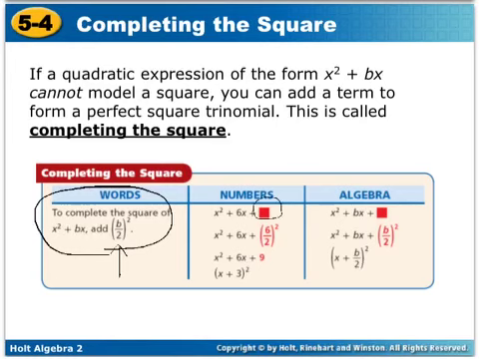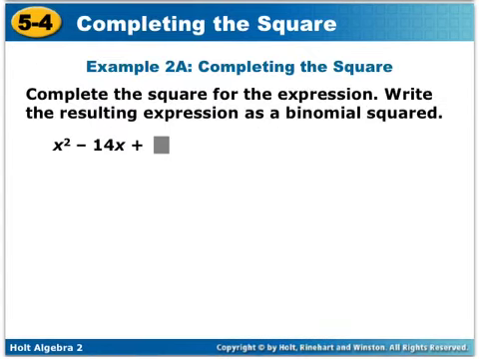I'm just going to put a box at the end of every one of my problems. x squared plus 6x plus a box. Okay, 6 is your b, so b over 2 quantity squared. 6 over 2 is 3, quantity squared is 9. So here you get a perfect square trinomial. Let's try one. There's the box.